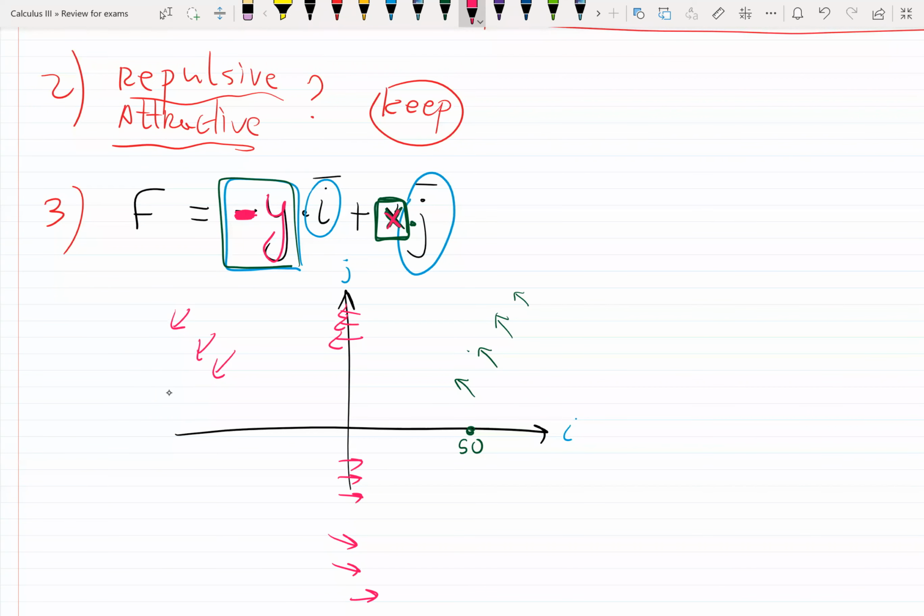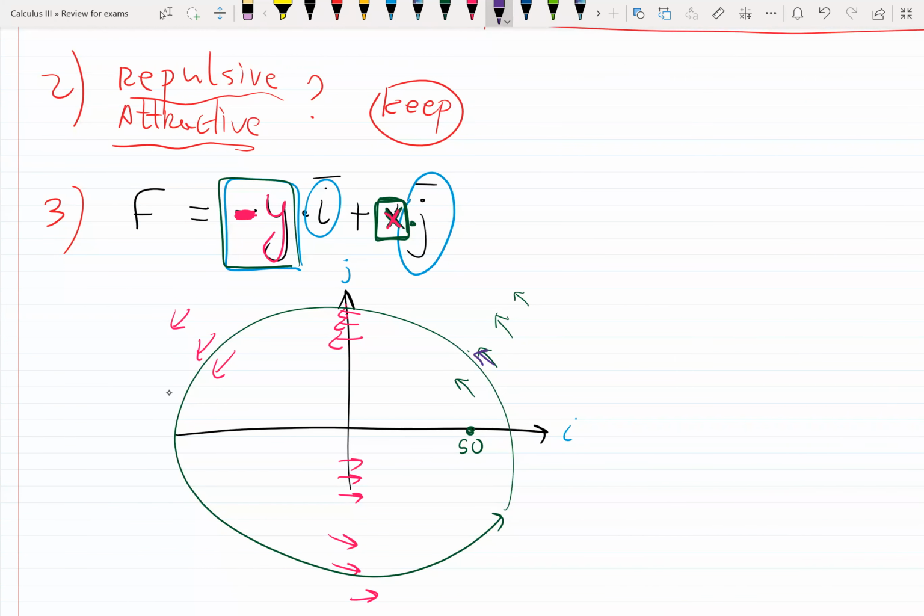When y is negative, negative gives you positive, then I now points to the, anyway, I think you got the pattern already. And I think it looks like a whirlpool, like so.